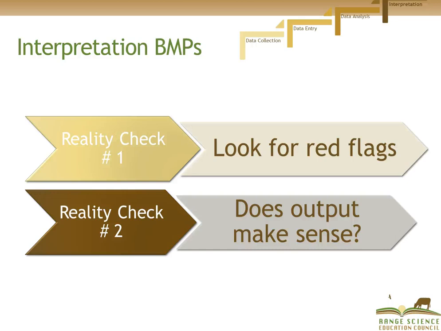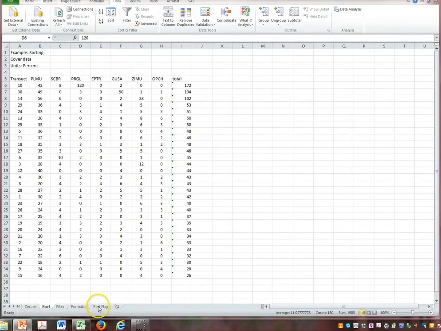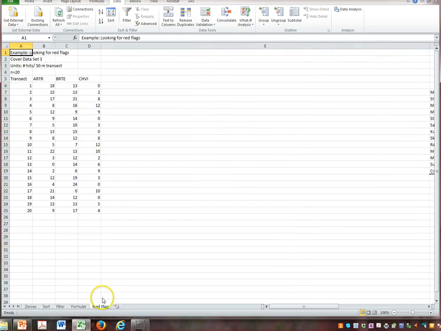And finally, with interpretation, it's always important to do a couple of reality checks. We want to look for red flags. Again, we're going to look at our spreadsheet very quickly, looking for red flags.